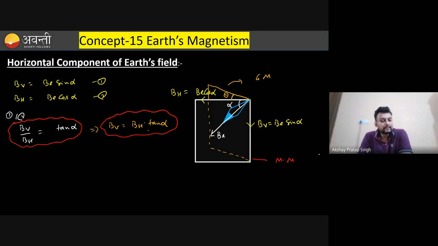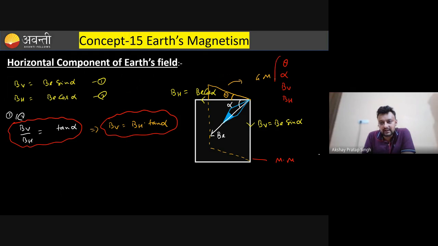Now, one more thing. We got three components of Earth's magnetic field that are important. Now, you can see there are four quantities on your screen. One is the angle of declination theta. You can see theta is also written on the screen. Alpha is written on the screen. Vertical component and horizontal component.